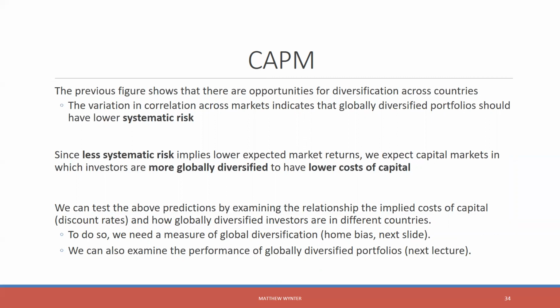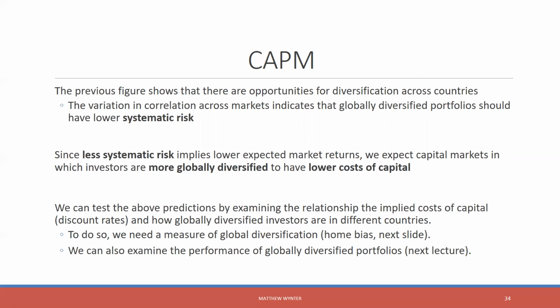The variation in correlation across markets indicates that globally diversified portfolios should have lower systematic risk. Let's say that again. Because there are differences in correlation across markets, if I create a globally diversified portfolio, I should be reducing my systematic risk.